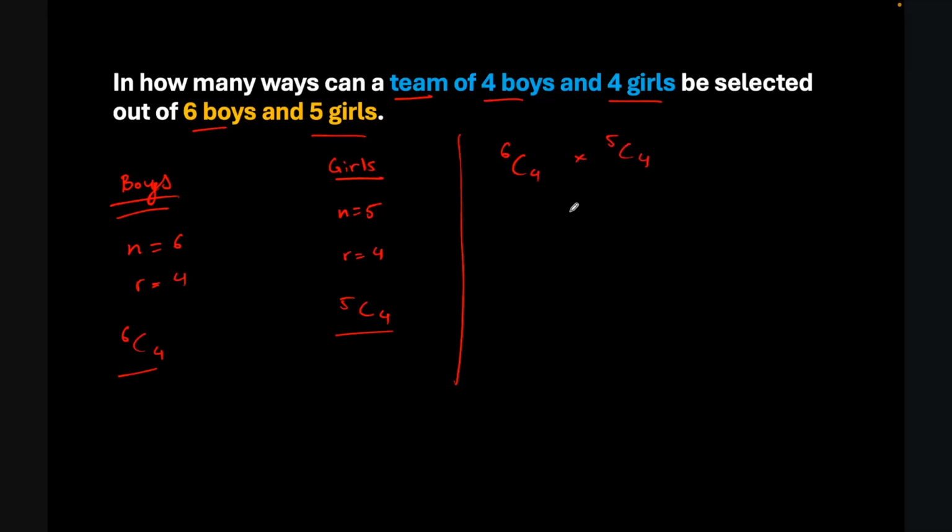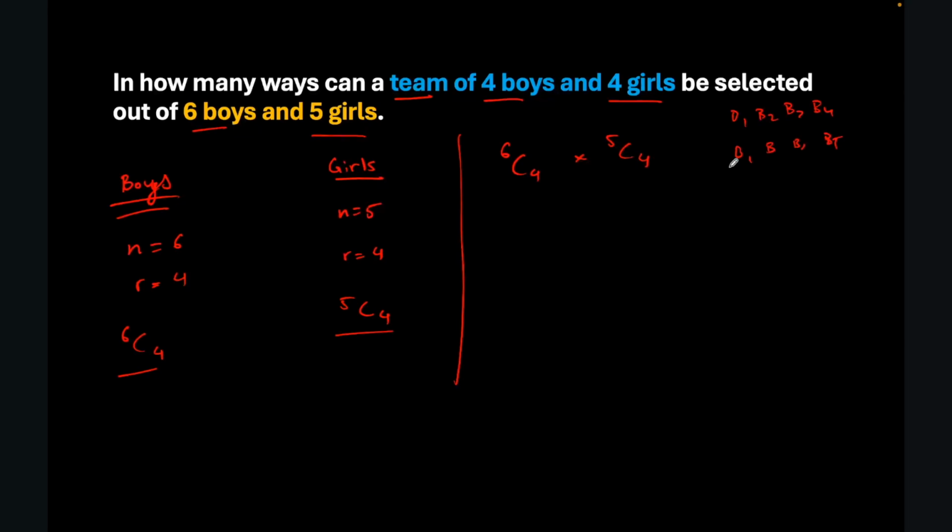The reason for that is, let's say 6C4 is some number, let's say 20 for example. I'm just creating some random number. I don't think it's 20, but let's assume it's 20 for now. If it's 20, that means there are 20 different selections of boys. This can be boy 1, boy 2, boy 3, boy 4, or it can be boy 1, boy 2, boy 3, and boy 5.